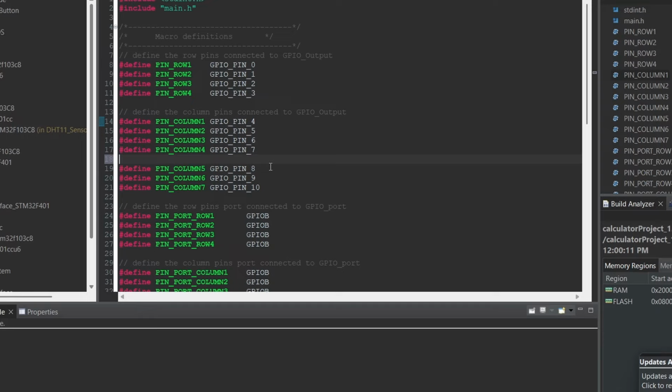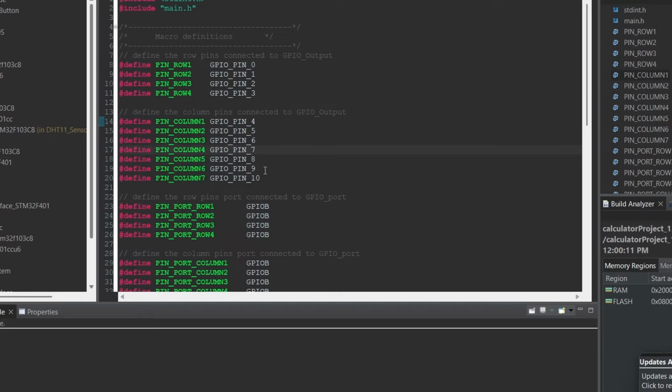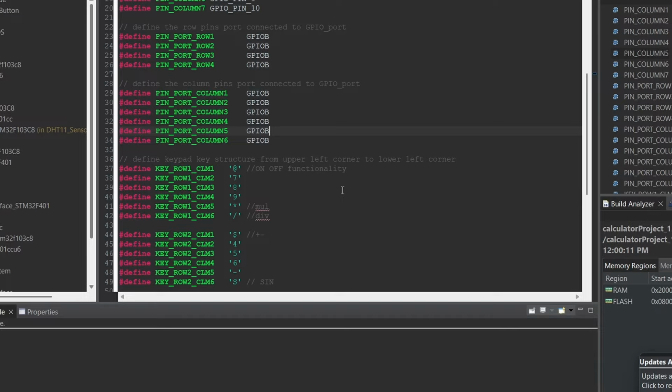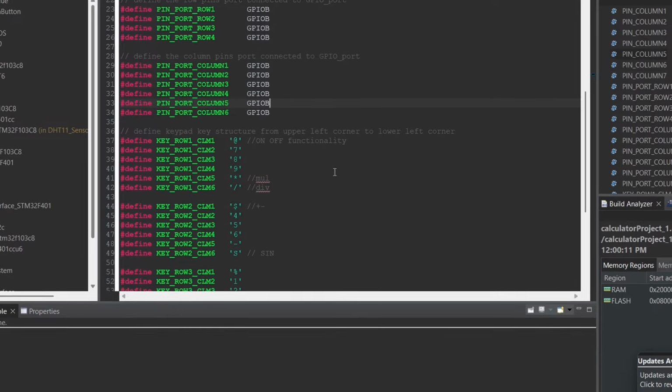Now in addition to the 4 columns, we are adding 2 more column pins, PB8 and PB9, that is GPIO port B pin 8 and GPIO port B pin 9. These are column pin 6 and column pin 5 that we have defined.